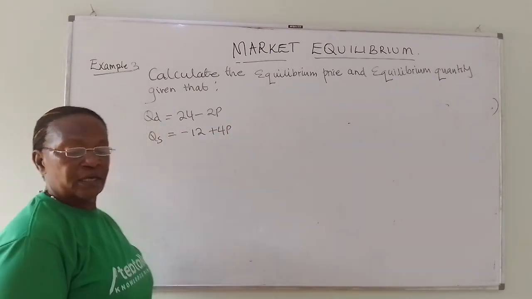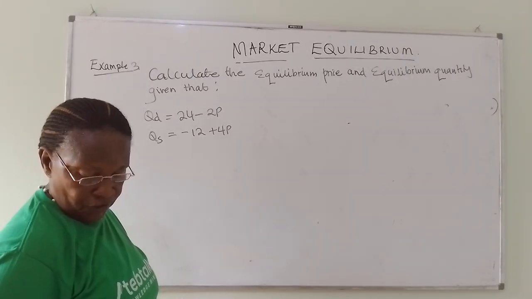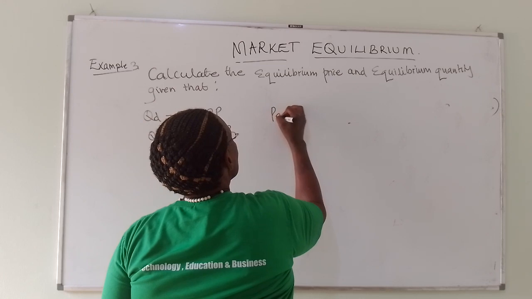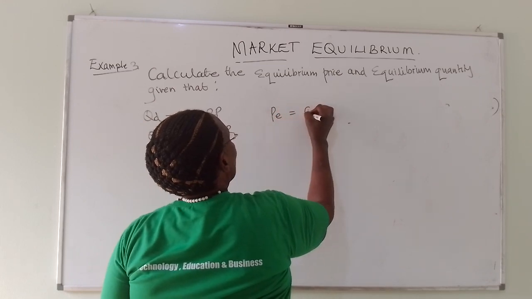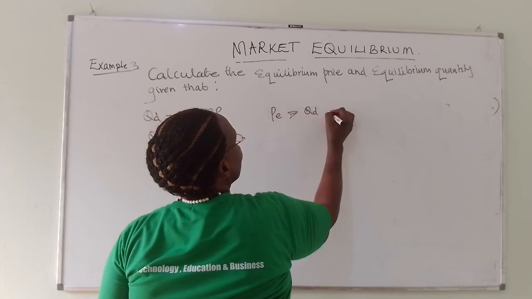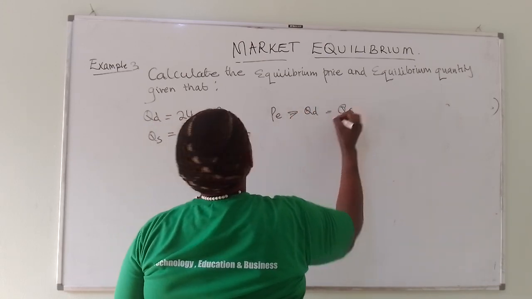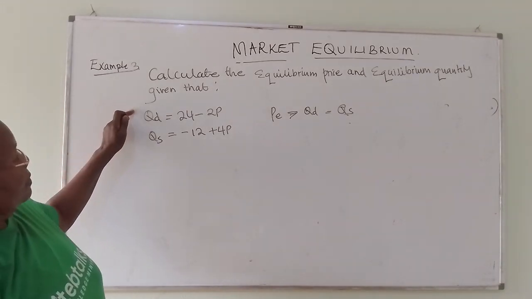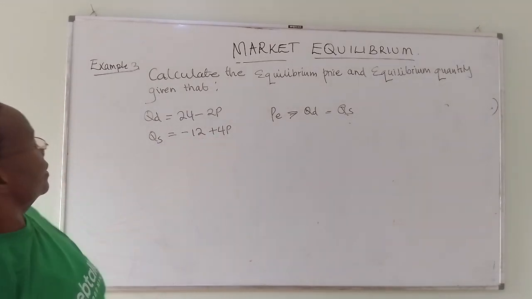So the procedure is the same. How do we get the equilibrium price? Equilibrium price is obtained where quantity demanded is equal to quantity supplied. Quantity demanded has been given, quantity supplied has been given, so equate the two.